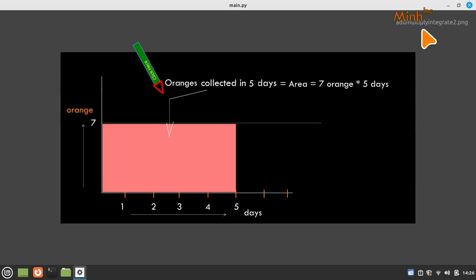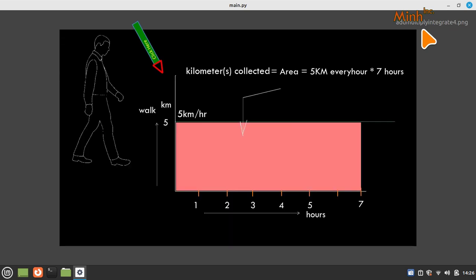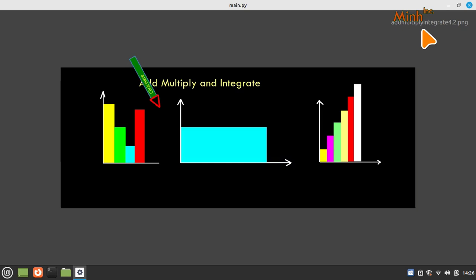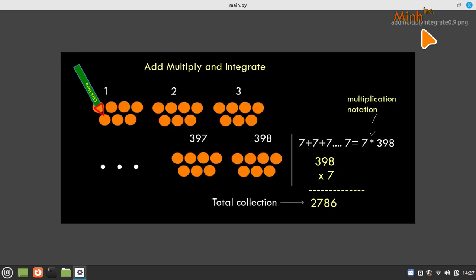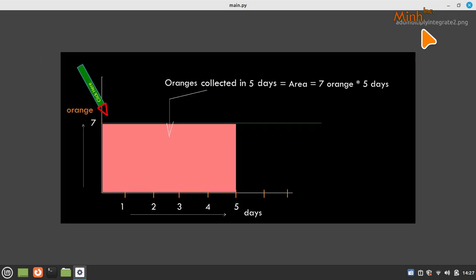Okay. So far we have seen like this. So if we see graph wise, we demonstrated unit wise, and if we see graph wise, so collection of 7 oranges for one day, second day, third day, for 5 continuous days.